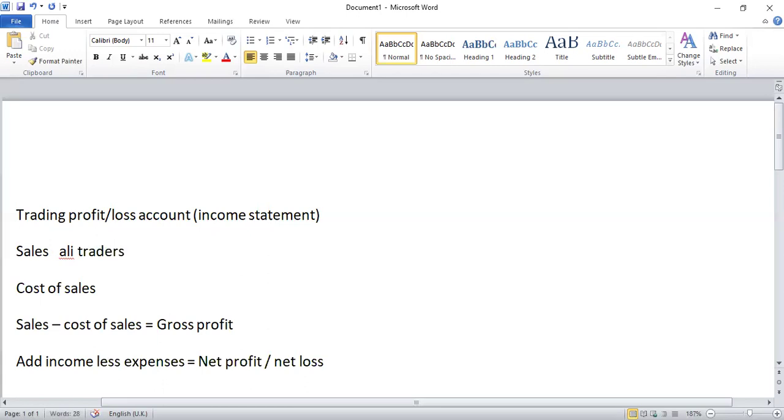Let's say Early Traders sold 10 shirts, each at 1,000.